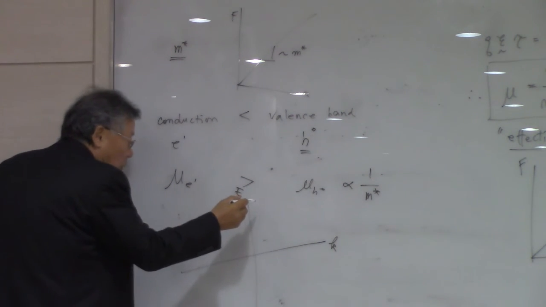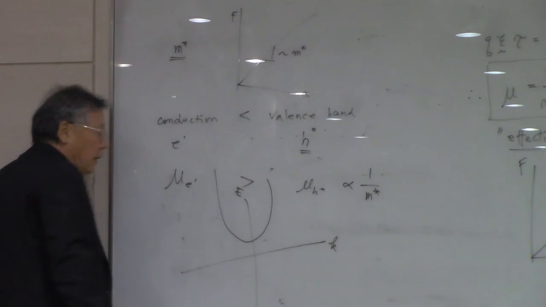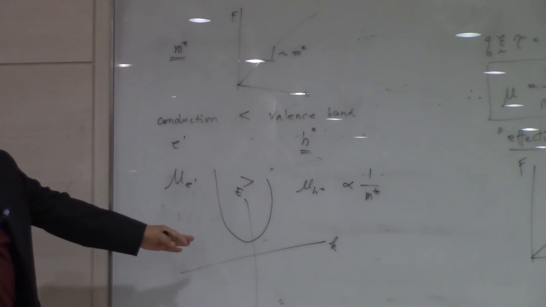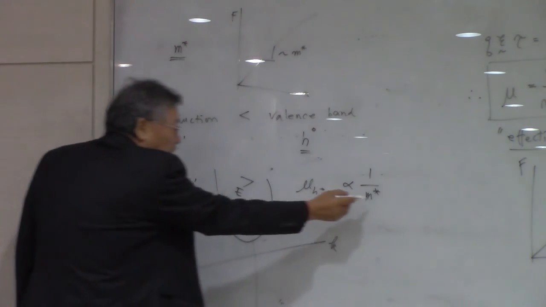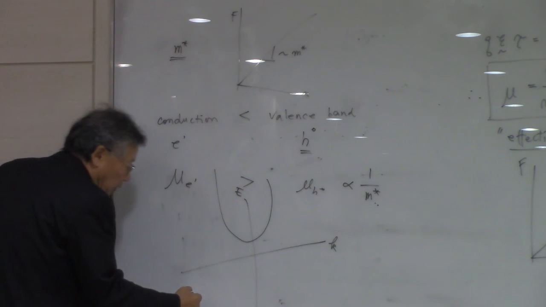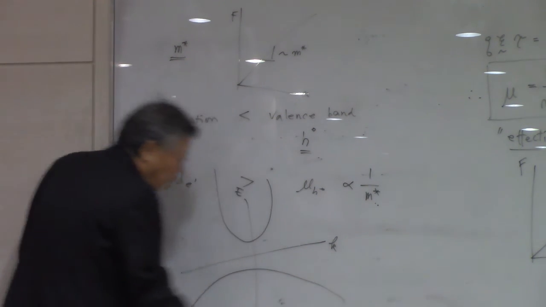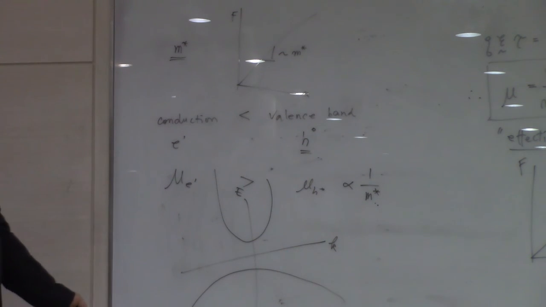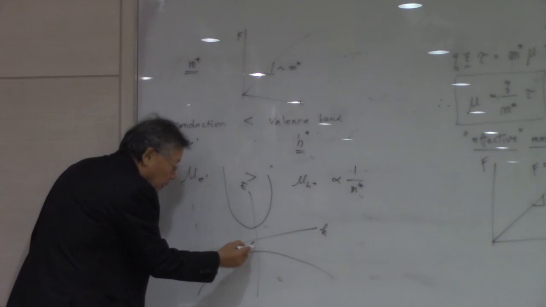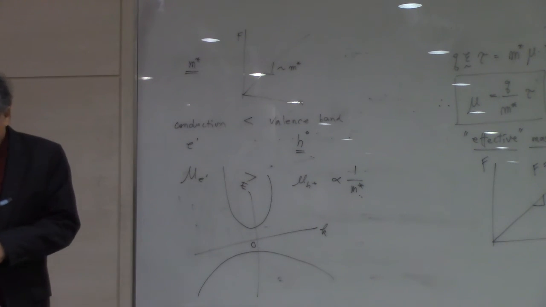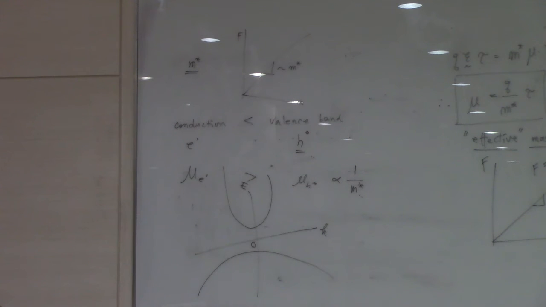So when you draw the conduction band, you should draw very small curvatures because of this effective mass. And when you draw the valence band, usually it should be wide with big curvatures. That is common practice in solids. Okay?